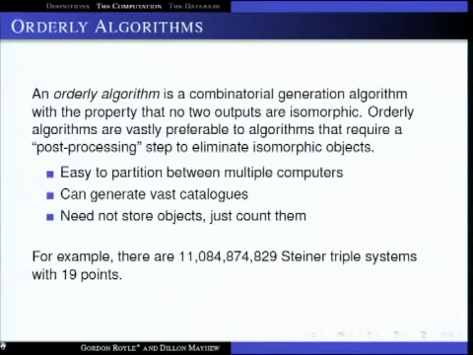We decided that it would be important to use an orderly algorithm to do this process. An orderly algorithm is a combinatorial algorithm with the property that no two of its outputs are isomorphic. That's a very important property for a generation algorithm to have, because suppose you had to do a post-processing check for isomorphic things.